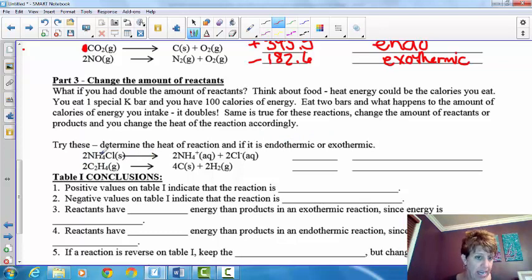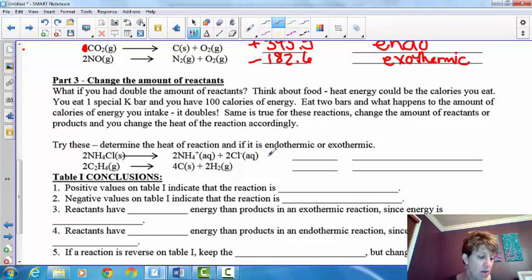So I'm looking for NH4Cl, and again, I might see it in the forward reaction, I might see it in the reverse. All right, it looks like it's way down here towards the bottom of the page. NH4Cl becomes NH4 and Cl, and these all have 2's, which means it's double the value.